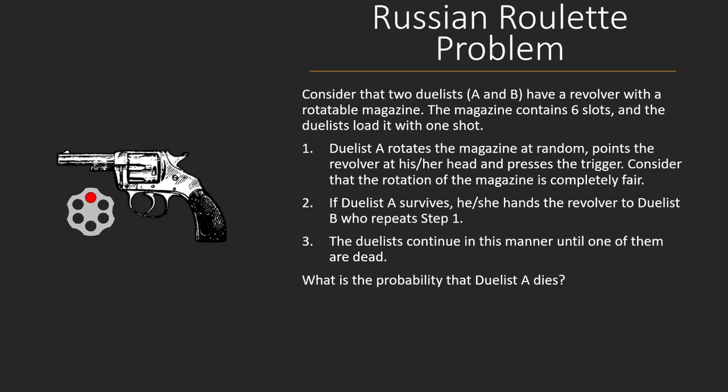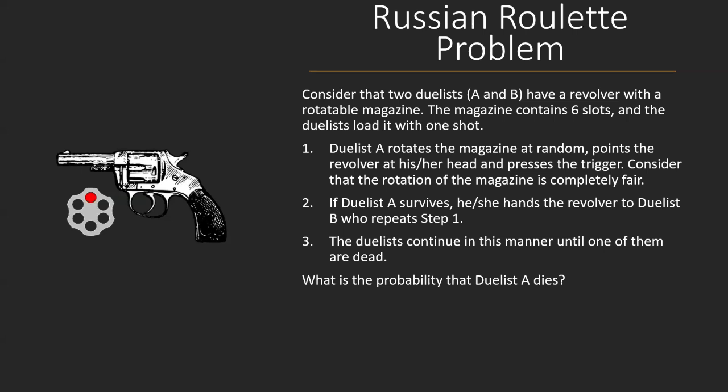And the question we're trying to solve here is, what is the probability that duelist A dies? Before getting into solving this problem, let me just briefly discuss some intuition. Firstly, one natural thought that might pop into your head is that it should be equally likely for either duelist to die.